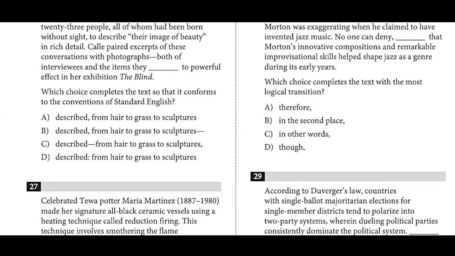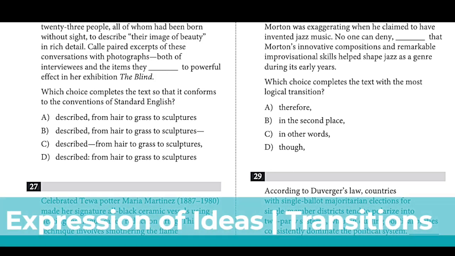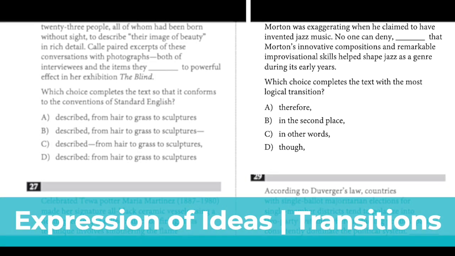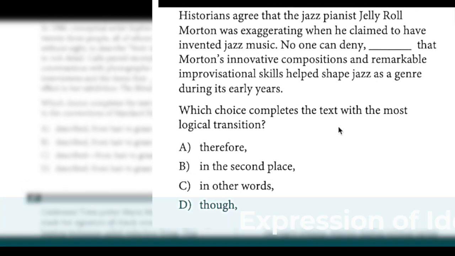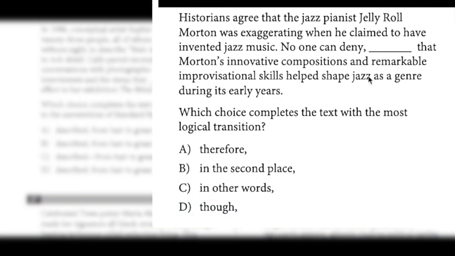All right, let's finish up the English section with expression of ideas. That is transitions and rhetorical synthesis. First one is a transition. Historians agree that jazz pianist Jelly Roll Morton was exaggerating when he claimed to have invented jazz music. No one can deny that Morton's. Okay, so they agree he was exaggerating.